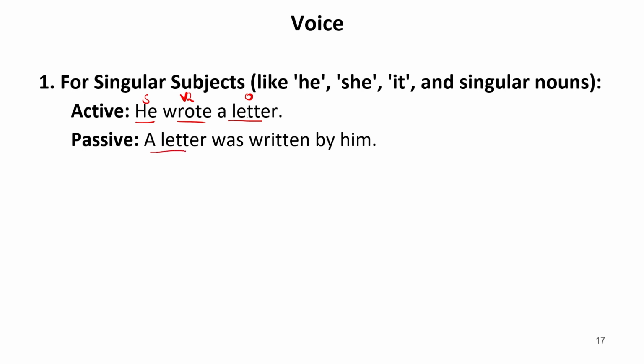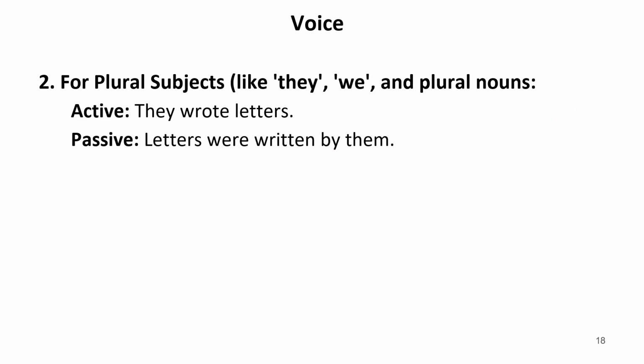Now a letter will come to the subject place. Now the past forms of be are was and were. So was and were: a letter was written by him. This will be the correct structure of passive voice. So the correct passive sentence is: a letter was written by him. There will be no second form now. Now the next, plural subjects: they wrote letters.